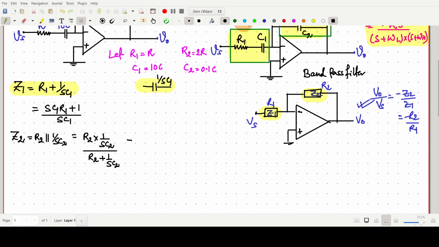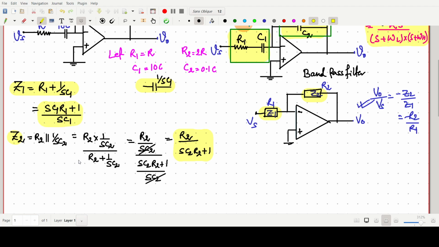If you solve this, we can write it as R2 by SC2 over SC2 R2 plus 1 divided by SC2. I am not skipping any step. The SC2 cancels out, so it is R2 divided by SC2 R2 plus 1. So now this is the Z2 value, and here the Z1 value is this.